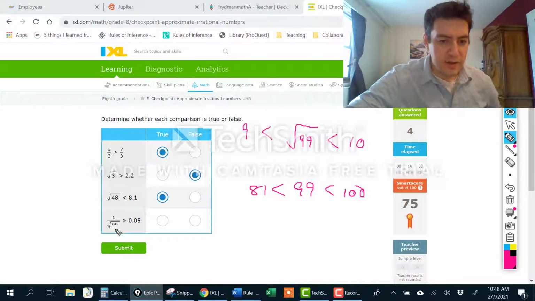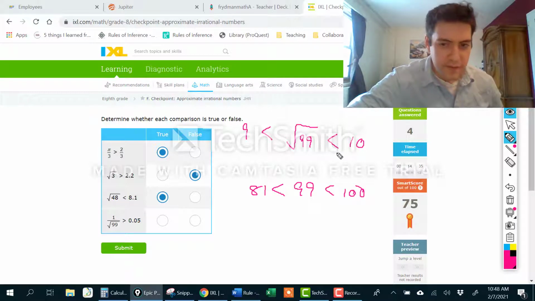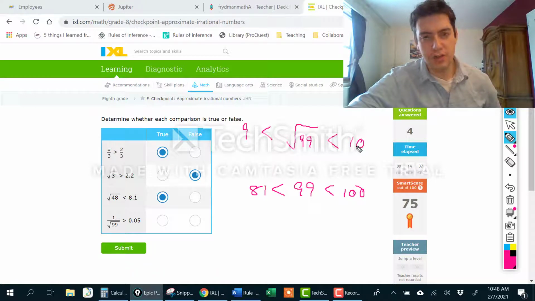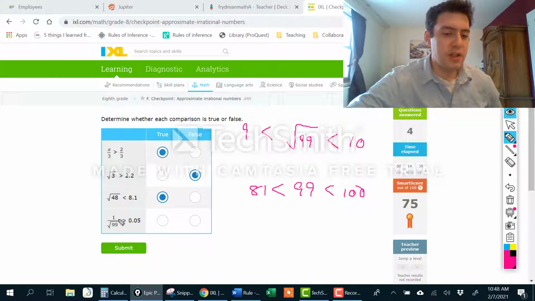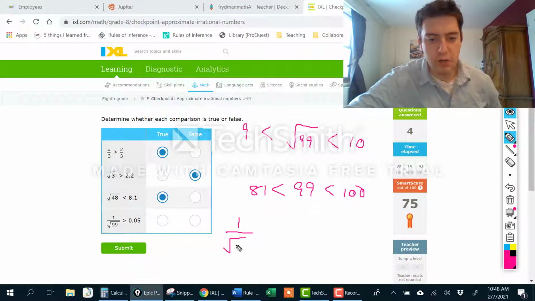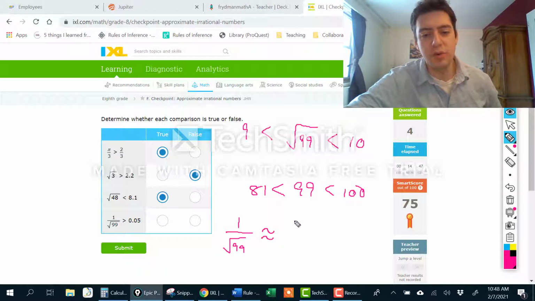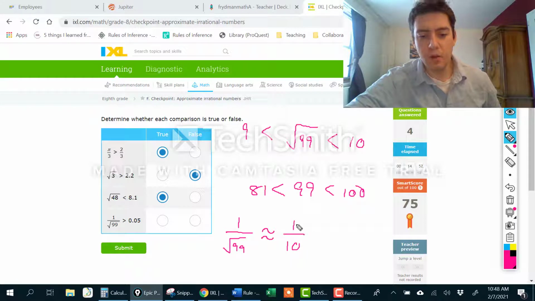So actually, let's just approximate that. Let's say that 1 over the square root of 99 is approximately equal to 1 over 10. And 1 over 10 is 0.1.